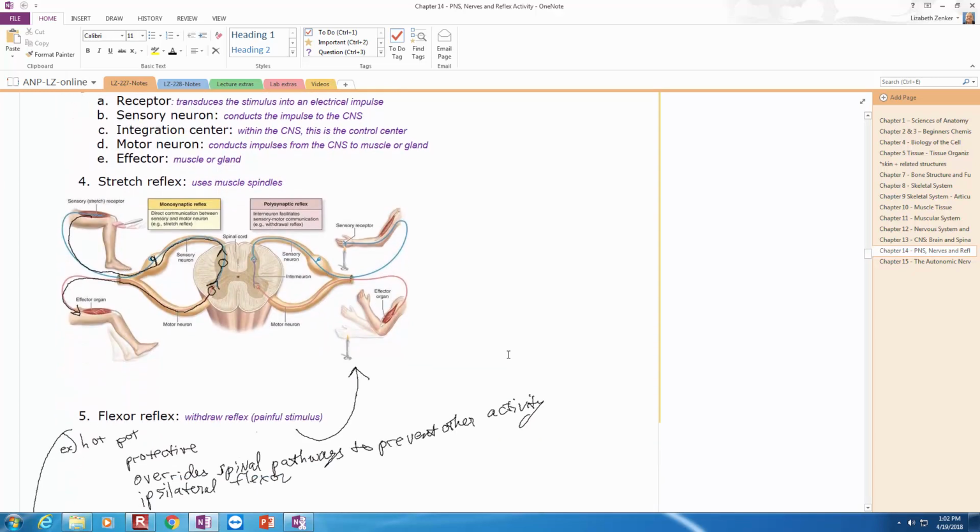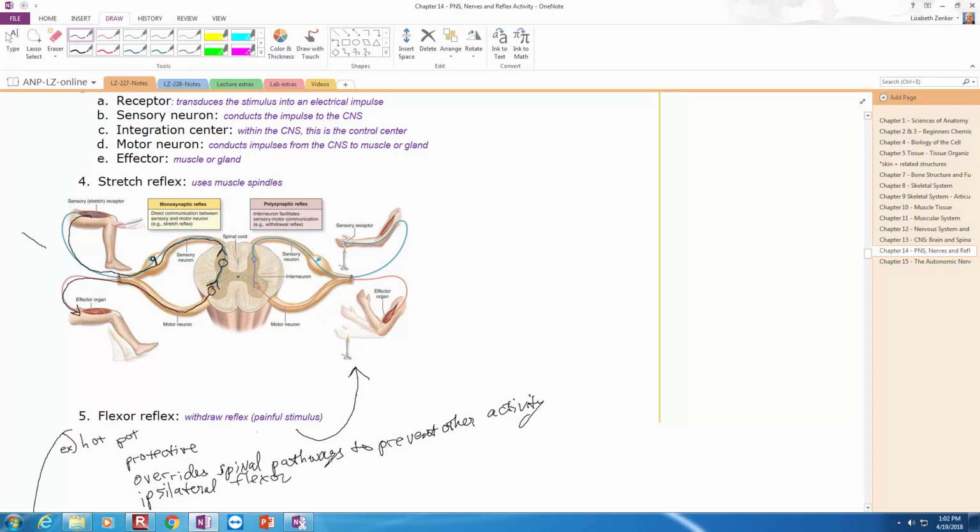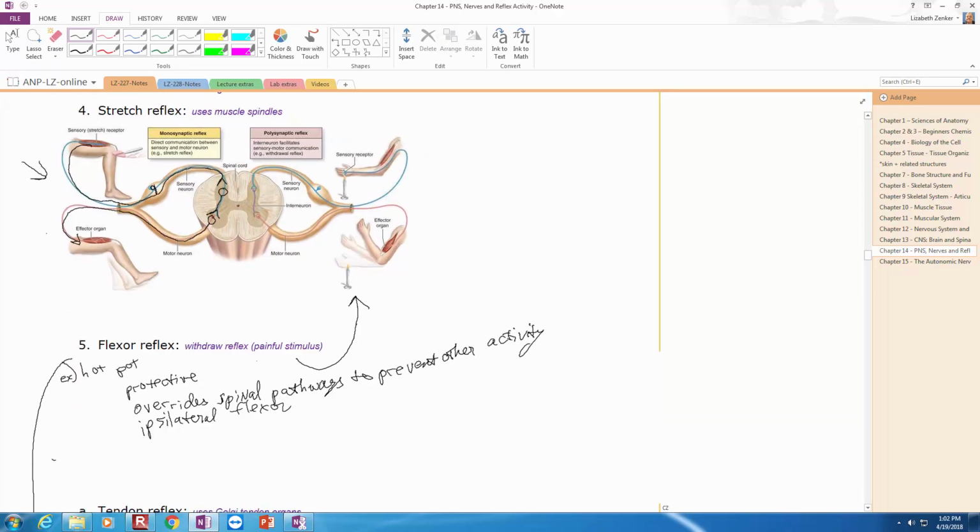And then we went on to talk about what the stretch reflex looks like, and that was the left side of the picture. So that was this component of the picture. Then we talked about the flexor reflex, which is on the right side of the picture, my second arrow right there. And that was the example of the hot pot.